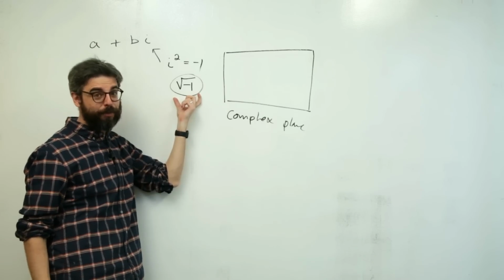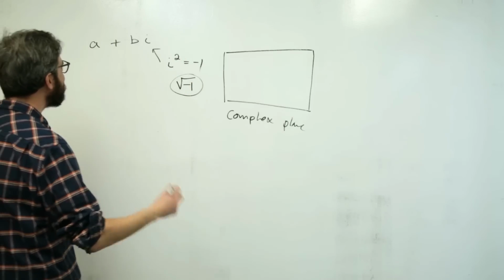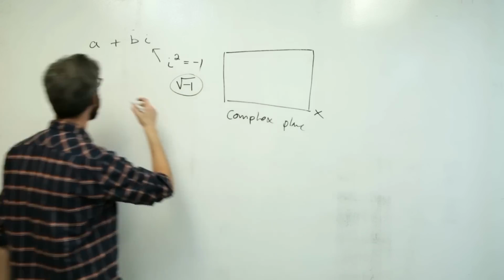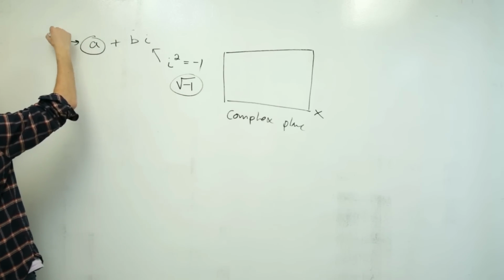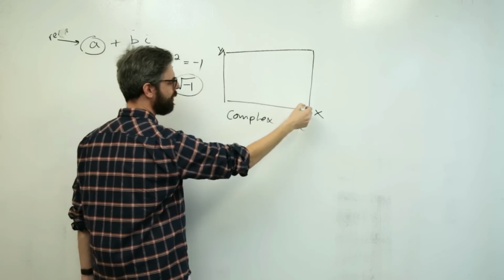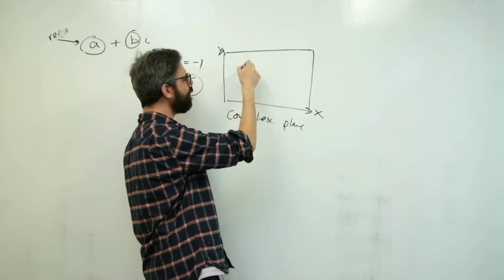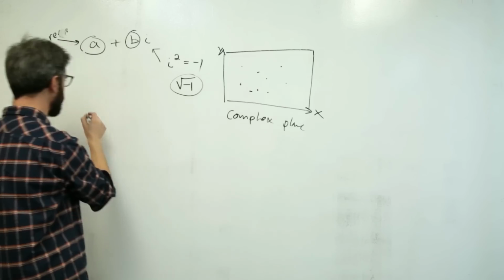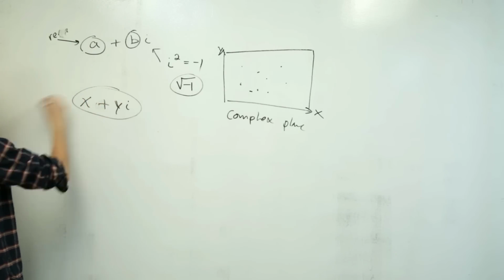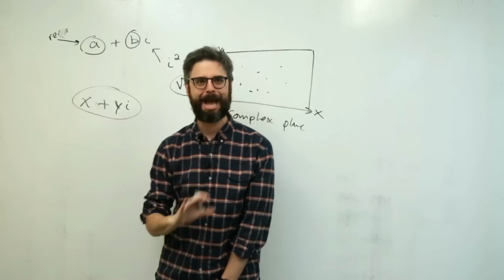This is also sometimes referred to as a lateral number, but anyway, naming aside, the idea here is that in the complex plane, the x-axis represents the real component, RE for short, and the y-axis represents the imaginary component, so all of the points in this plane are of the form x plus y times i.